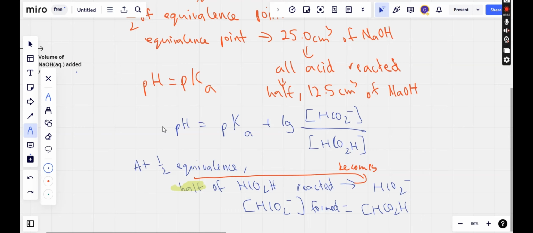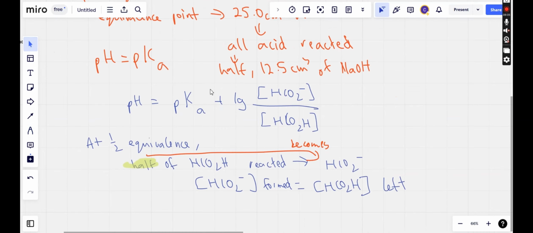That's a really bad square bracket. Okay, so if they are the same, this means that they can cancel each other out, right? So this cancels out, then you get 1.